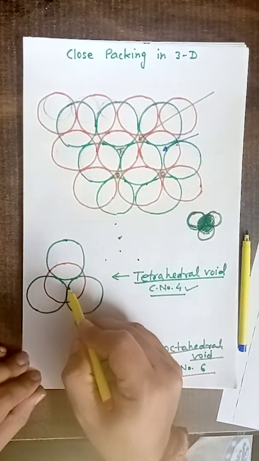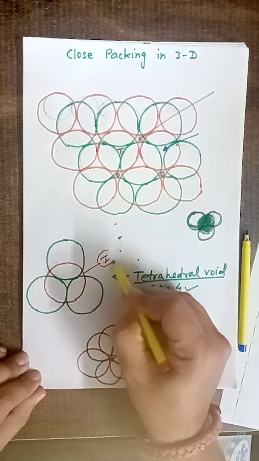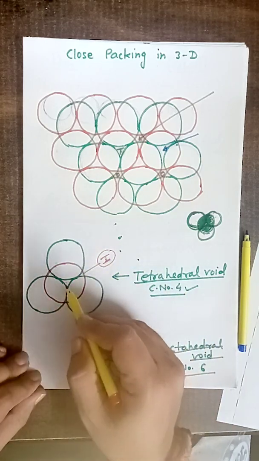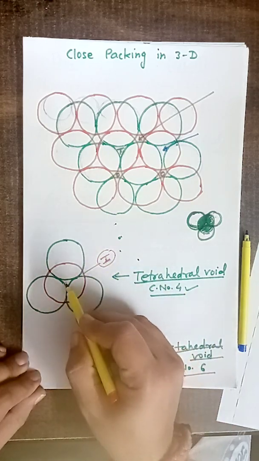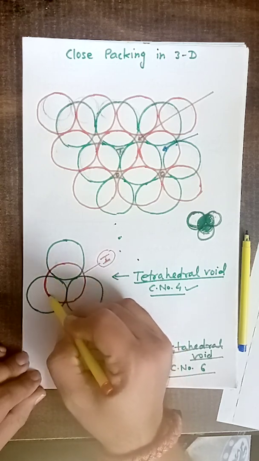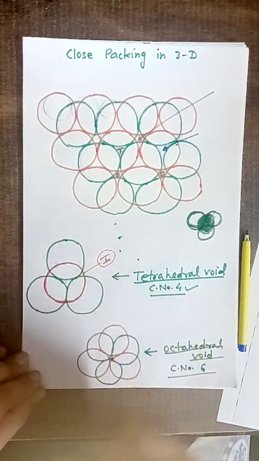So here you can see the tetrahedral void. Now, this is the first layer, I hope you remember the first layer is red particles, and the second layer is green particles. The void is a tetrahedral void. Now if particles of the third layer occupy this tetrahedral void, then you can see the first and third layers are 100% identical in their arrangement.